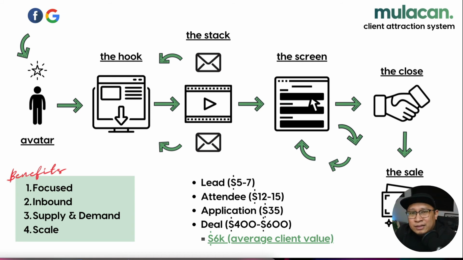So if I want to get 3 projects, I'll just invest 600 times 3, which is 1.8K, and I will get 18K in return. You get the idea now? So this is how a client attraction system works. It might look simple, but at the end of the day, you need to understand the mechanics of how conversion behaves at each step of the way.